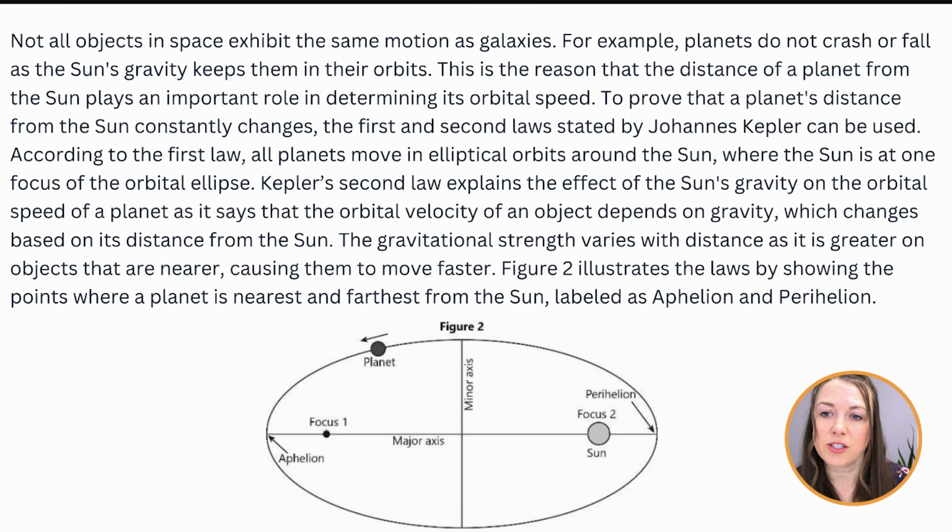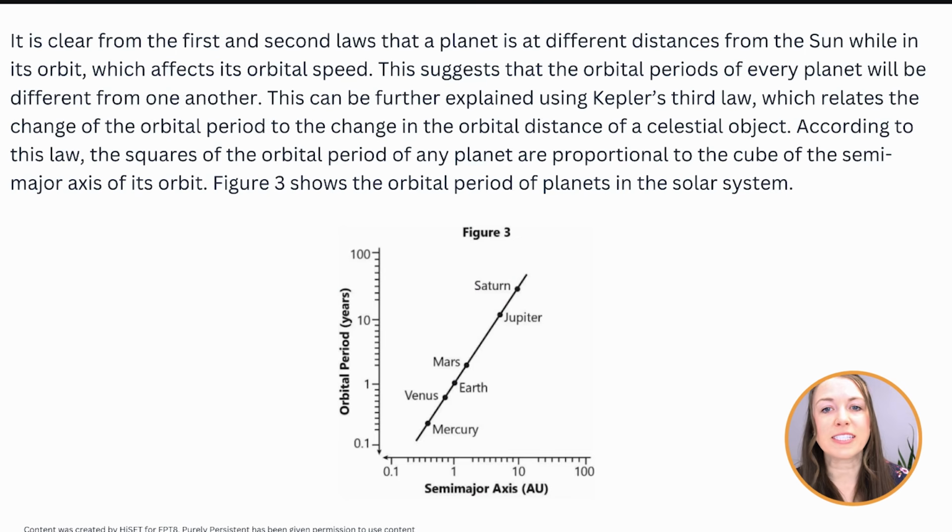Figure 2 illustrates the laws by showing the points where a planet is nearest and farthest from the sun, labeled as aphelion and perihelion. It is clear from the first and second laws that a planet is at different distances from the sun while in its orbit, which affects its orbital speed. This suggests that the orbital speeds of every planet will be different from one another.